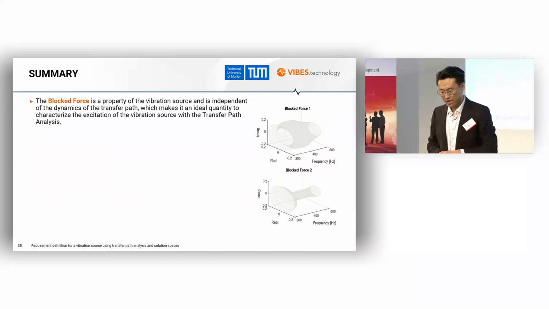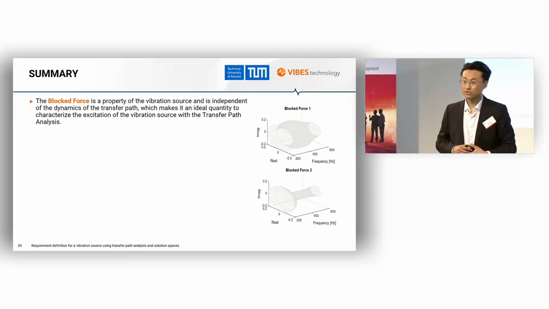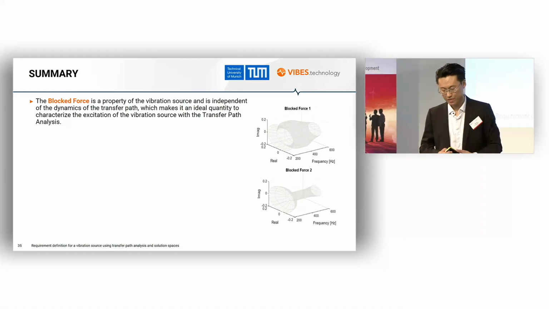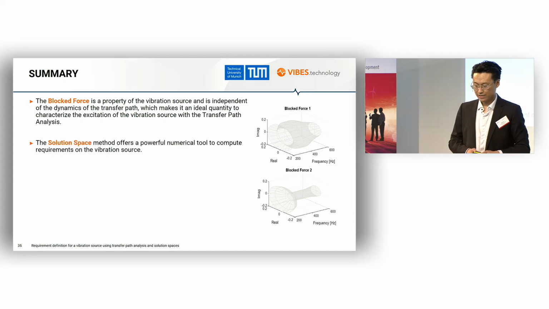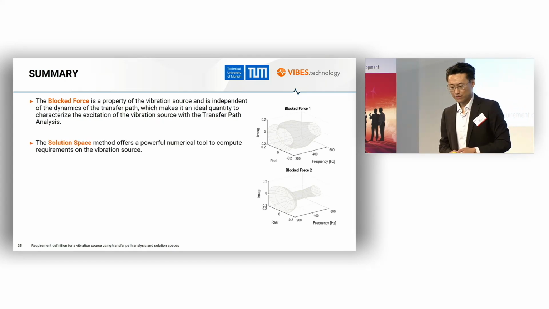Okay, to summarize, the block force is a property of the vibration source and is independent of dynamics of the transfer path, which makes it an ideal quantity to characterize the excitation of the vibration source with the transfer path analysis. And the solution space method offers a powerful numerical tool to compute requirements on the vibration source.